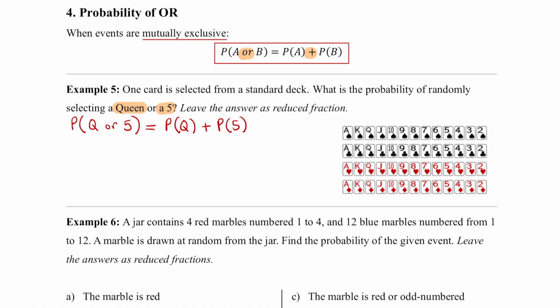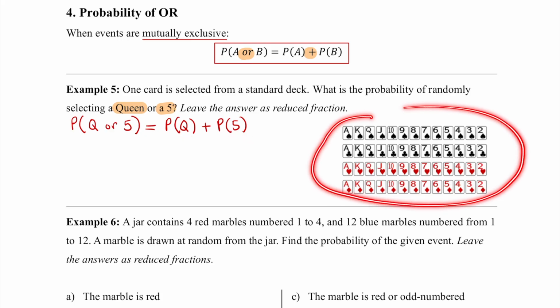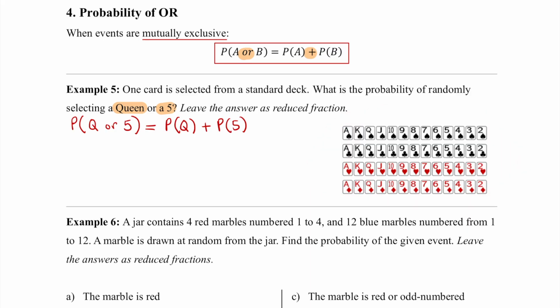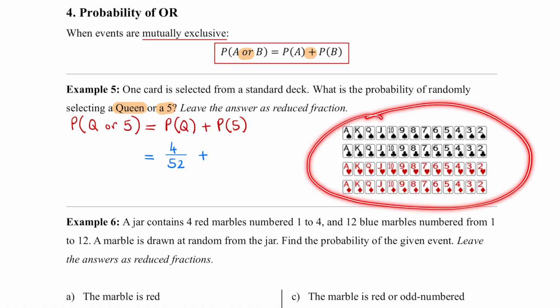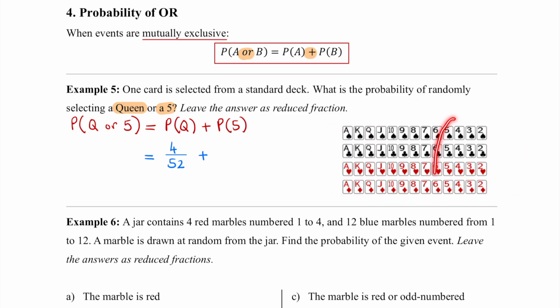Now, let's find each probability. There are a total of 52 cards, and there are 4 queens. So the probability of getting a queen is 4 out of 52. For the probability of getting a 5, again, there are a total of 52 cards, and there are 4 5s.